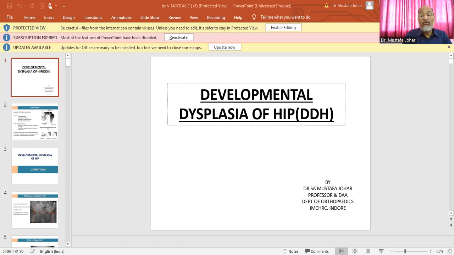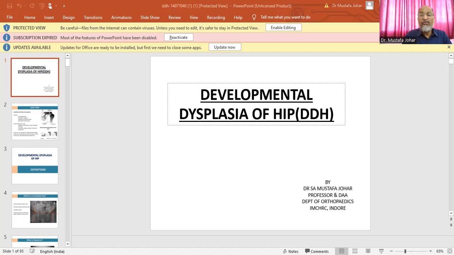And for the mechanical factor, because of the breech, there is too much pressure within the womb, which can lead to dislocation of the hip prior to delivery. This can cause secondary changes, and then it doesn't go back inside the acetabulum, and when the child is delivered you examine and find that it is a dislocated hip. So that is because of the mechanical pressure.